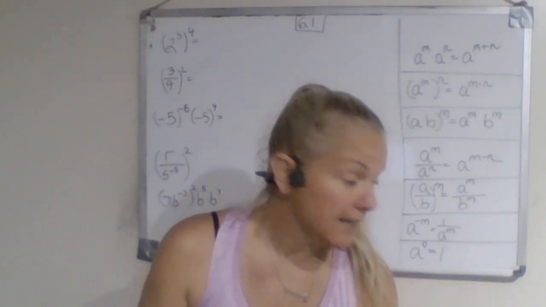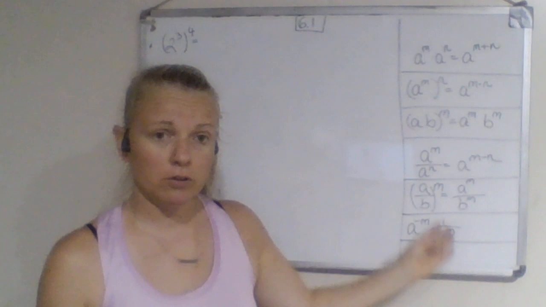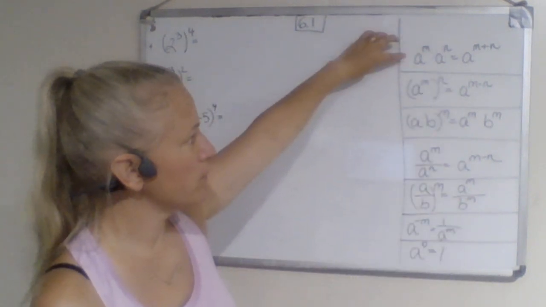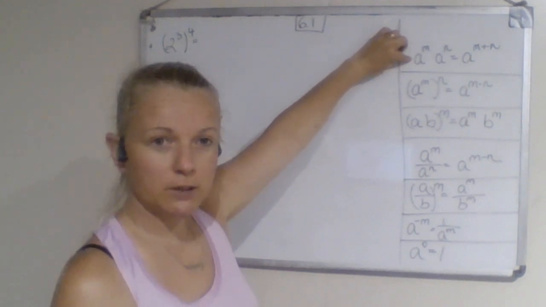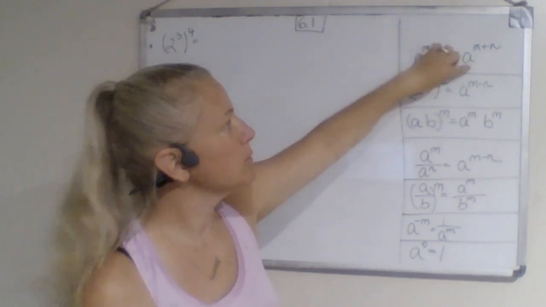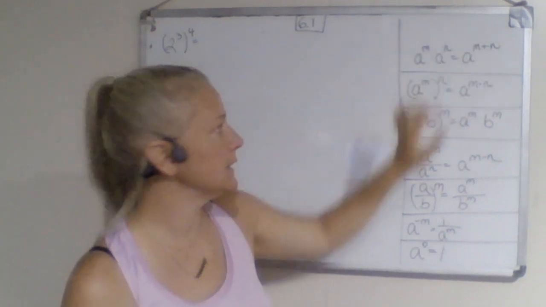We've done this last year. Even if you didn't do math with me, you should have gone through the rules of the exponents last year in detail. Let's really fast remember. When we multiply the same base, which means it's the same number, 2 to the third times 2 to the fifth becomes 2 to the 3 plus 5. We just add exponents when the base is the same.